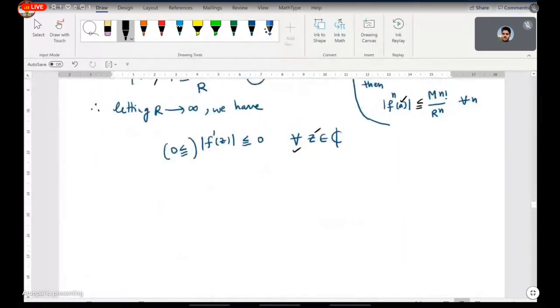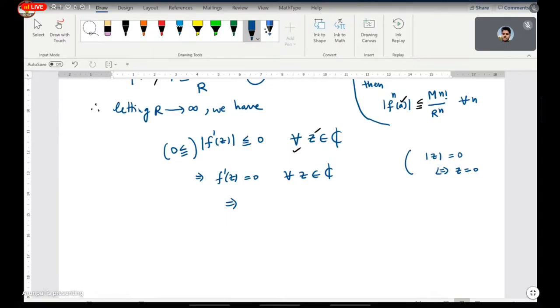Yes, sir. And class, it means what? This implies that f dash z is equal to 0 for all z in C. Because class, you know that if you have a complex number, then its modulus is 0 if and only if the complex number itself is 0. Is this okay, class? So I have used this fact.